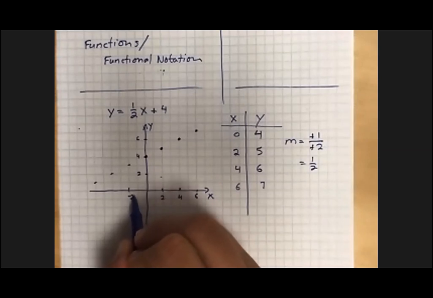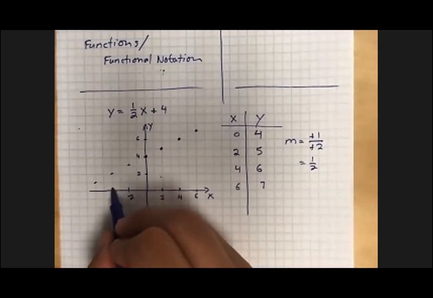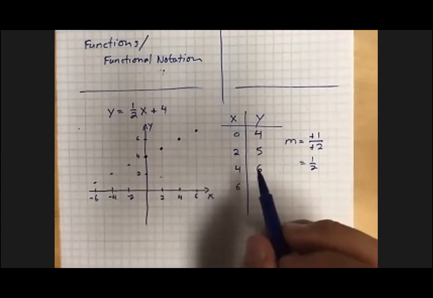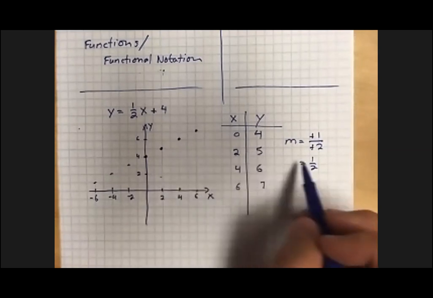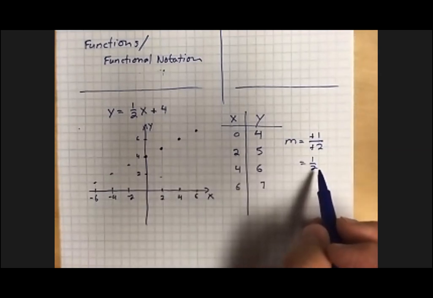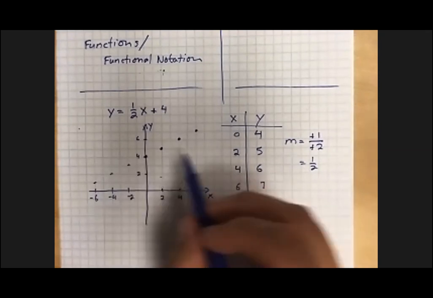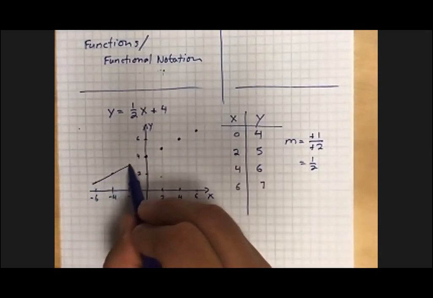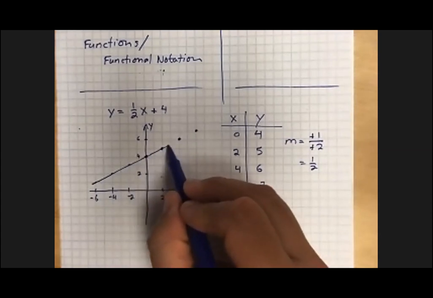Minus 2, positive 3. Minus 4, positive 2. Minus 6, positive 1. After I find that key thing called slope, with any 2 points, I can just go through the whole window drawing that thing.